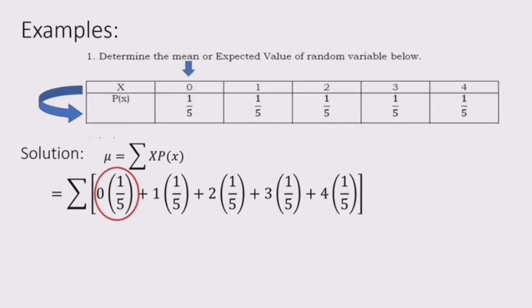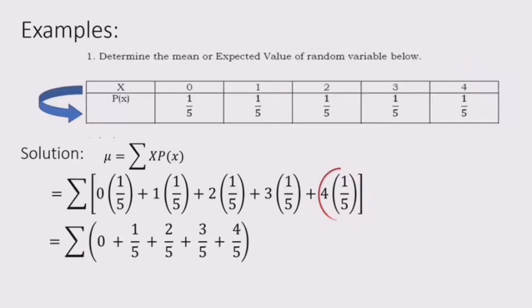So sa first column we have 0 times 1/5 plus, next 1 times 1/5 plus 2 times 1/5 plus 3 times 1/5 plus 4 times 1/5.